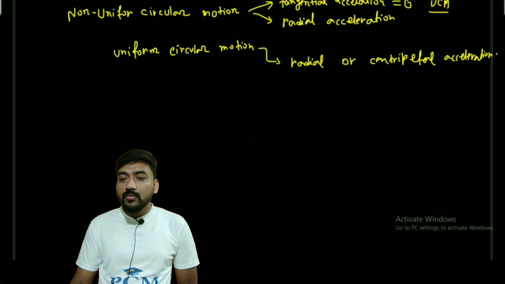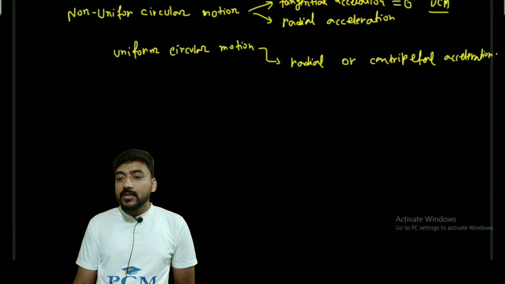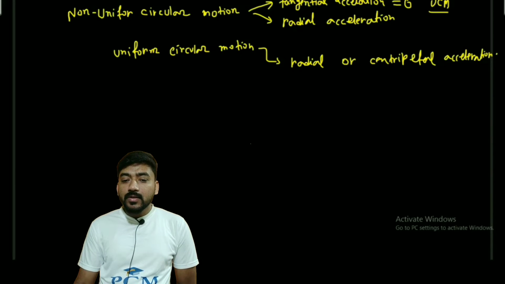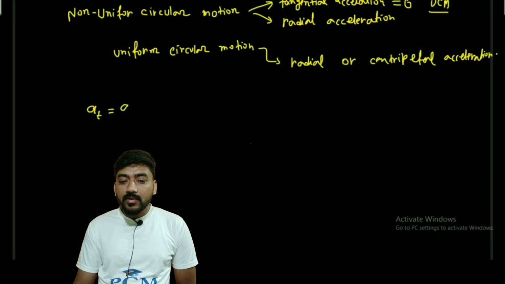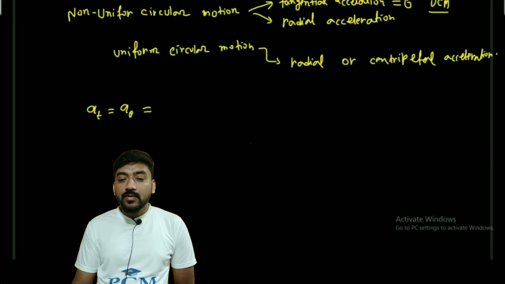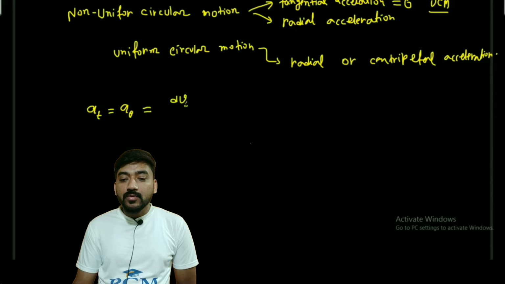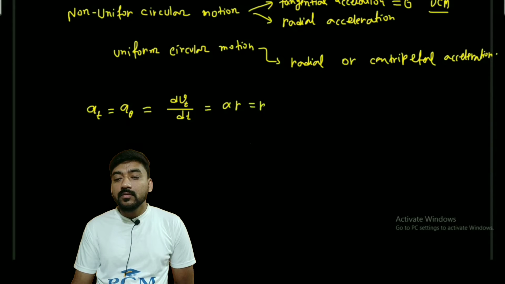Some basic problems let me do, and before that I am giving you the formulas of tangential acceleration and radial acceleration that I derived in the previous class. What was the tangential acceleration? a_t, or sometimes a_theta. a_t means tangential acceleration, and a_theta means transverse acceleration. This is dv_t/dt, where v_t is the tangential velocity, and it is also written as alpha r, that is r d omega/dt. These are all forms of tangential acceleration.